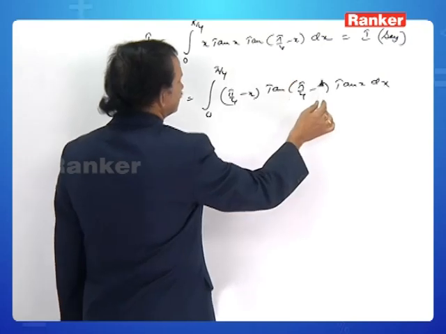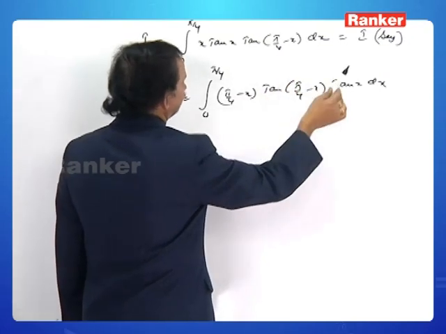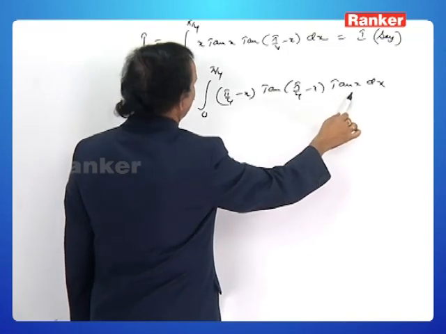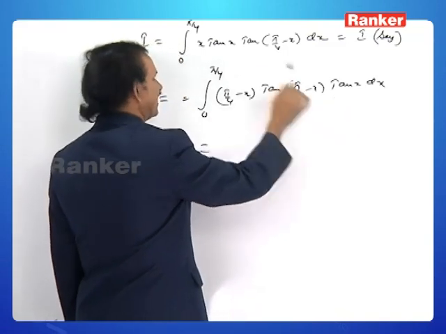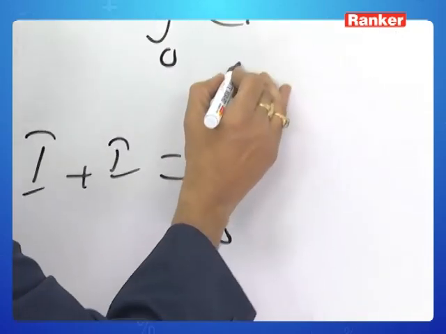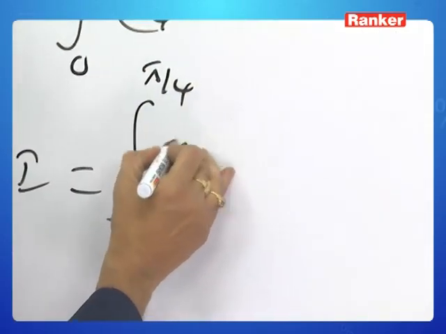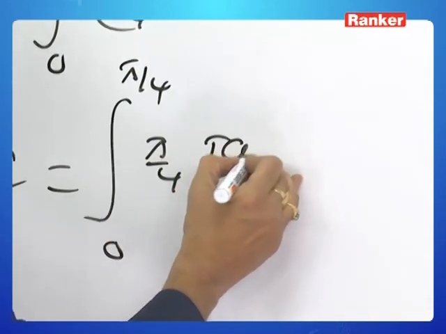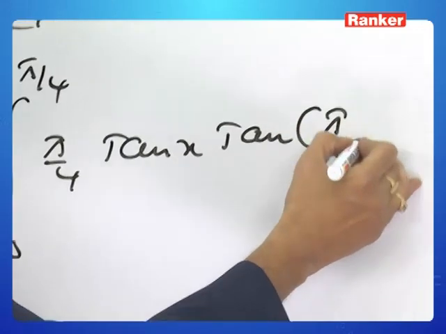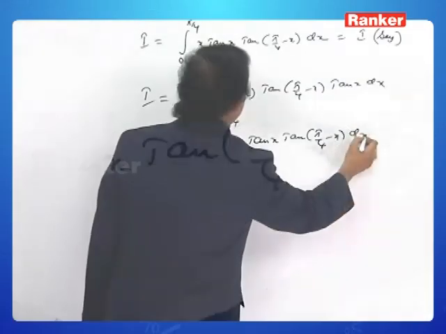Taking tan x into tan (pi by 4 minus x) as a common factor, x plus pi by 4 minus x is nothing but pi by 4, isn't it? Pi by 4 into tan x into tan (pi by 4 minus x) dx, isn't it?